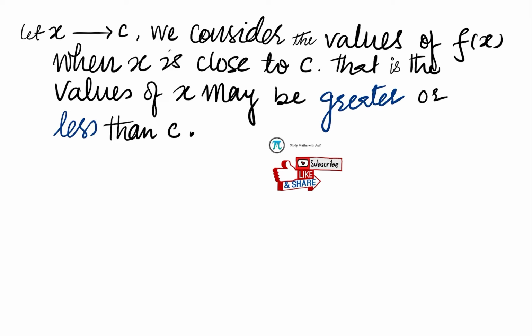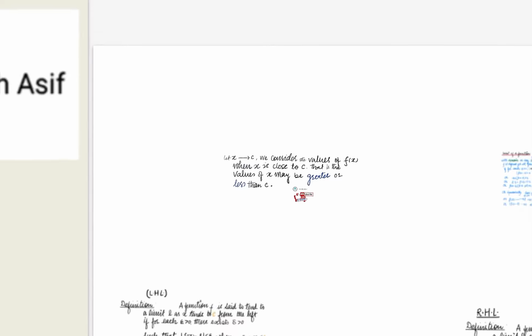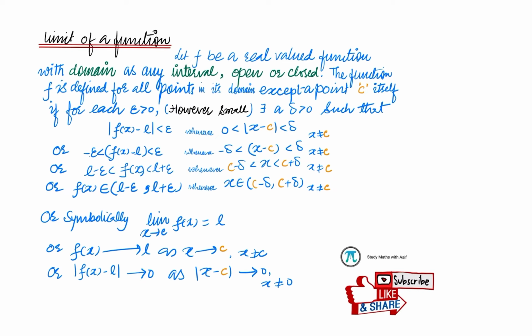Now let's talk about the first case, that is the limit from the left, or we call it the left hand limit. To discuss the left hand limit and right hand limit, let's modify this definition. Modify means that here we are considering both the points, when you approach c from the left and from the right.